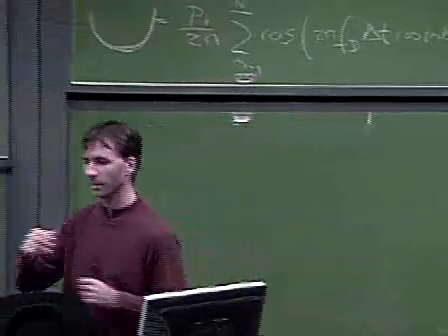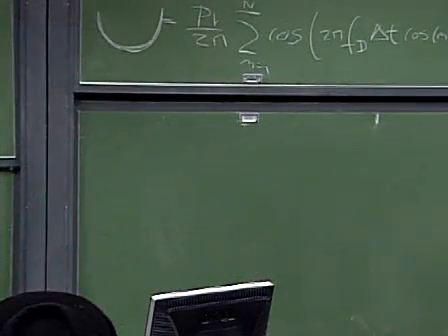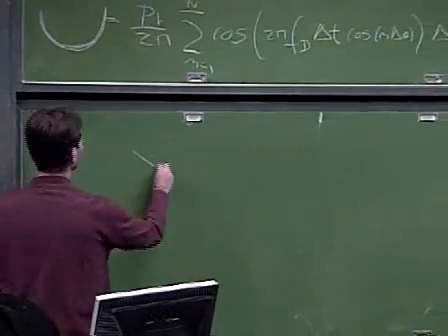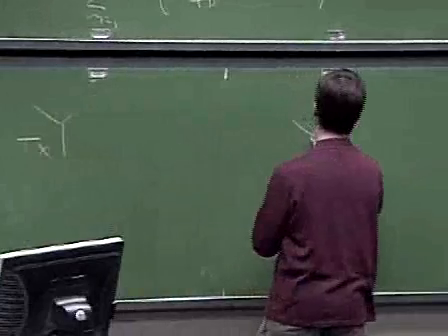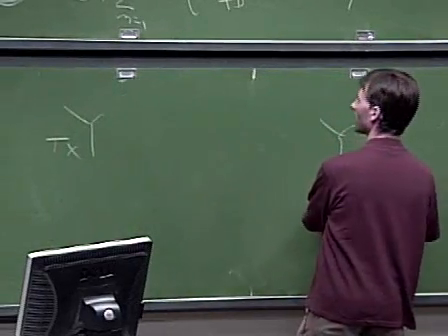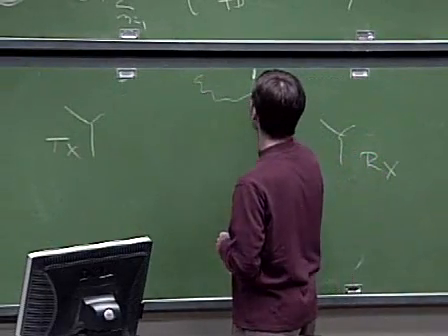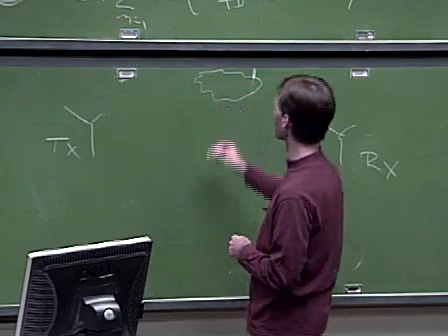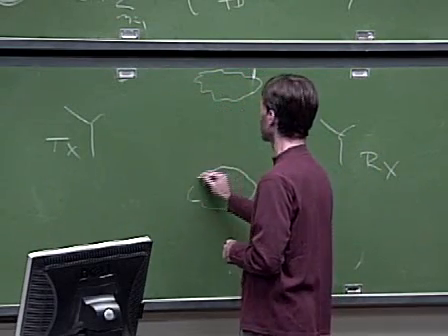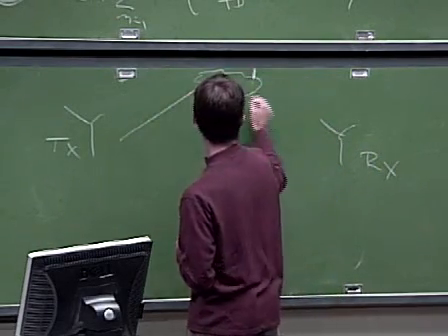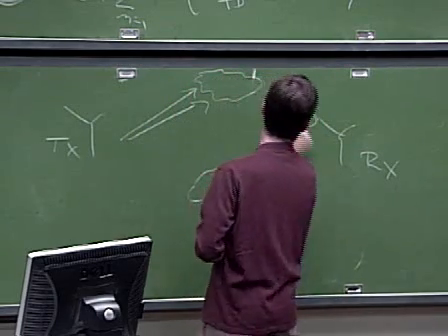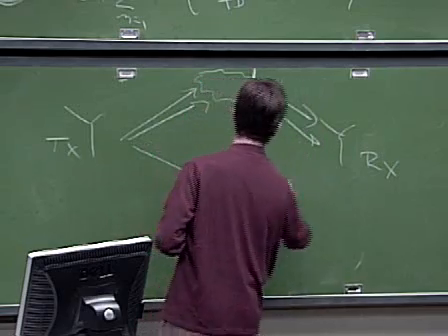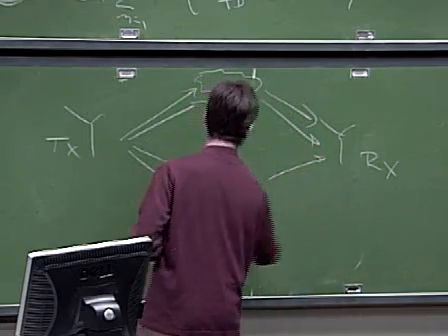And we can build one case very easily, right? So we have a transmitter here, receiver here. And let's say we have one block of objects here, another one here. And these reflections, right?